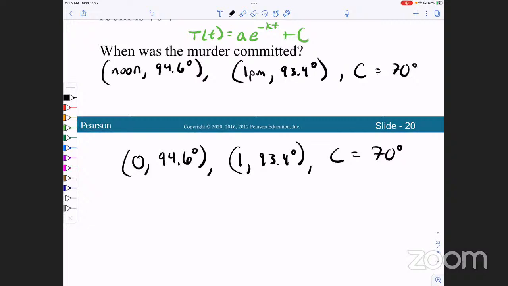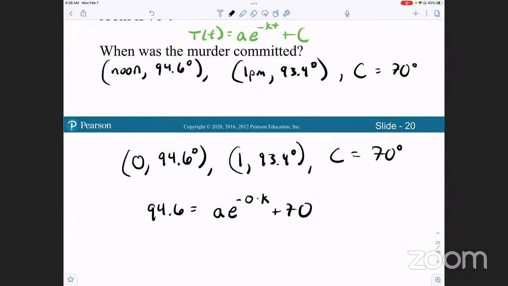Look at this first point and see what we have. The temperature based on time: 94.6 degrees equals, we don't know A yet, A e to the 0 times K, right? Because the time was 0. That's the initial. And then the constant is 70.